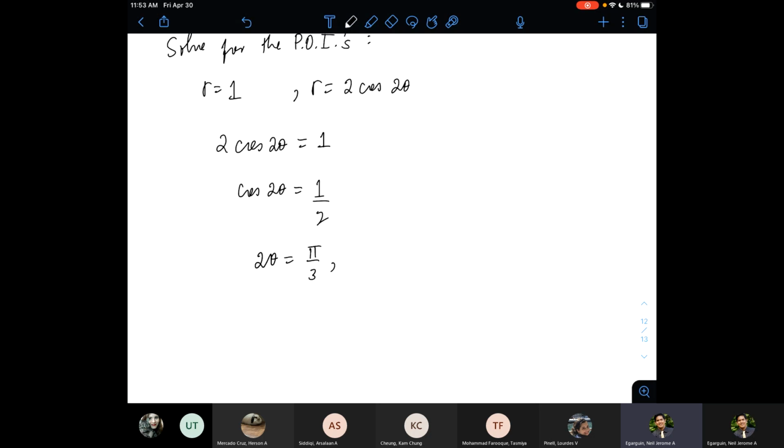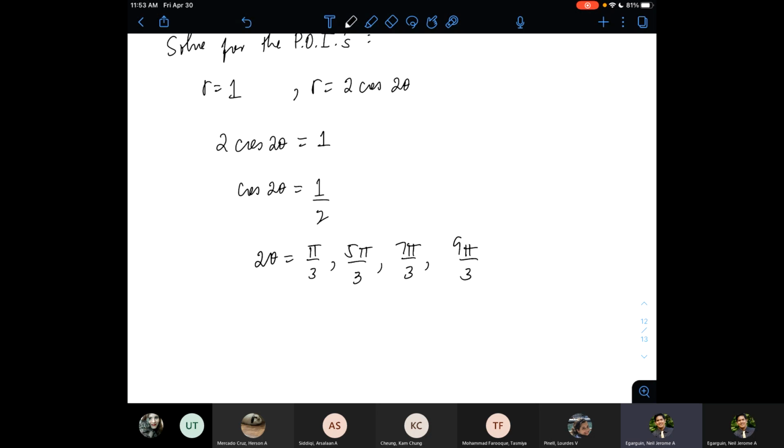And then it would be at 5 pi over 3. And then we'll have another revolution. So we'll have 7 pi over 3 and 9 pi over 3.